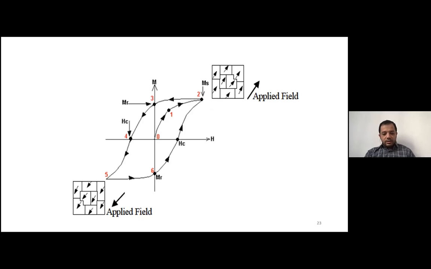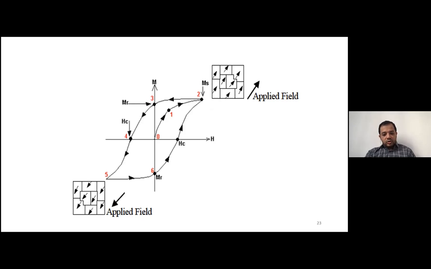Then we increase the field in the opposite direction, and we get to a point where the field is being applied at point 4 in an opposite direction, but the magnetization is zero because it's just trying to cancel out what remained in the material from point 3, right?